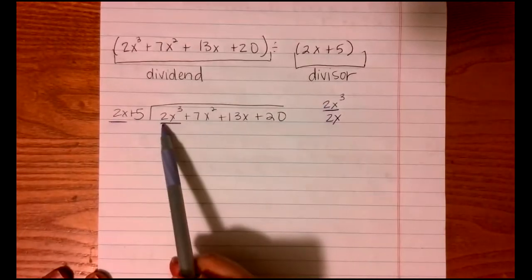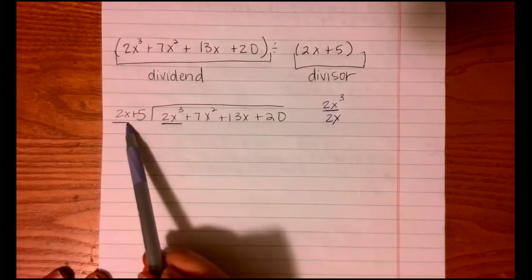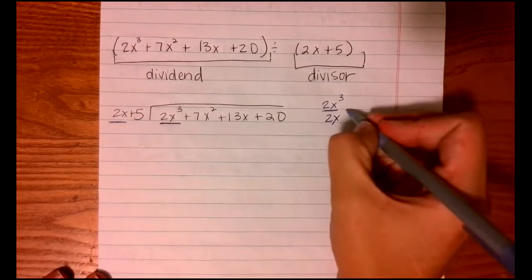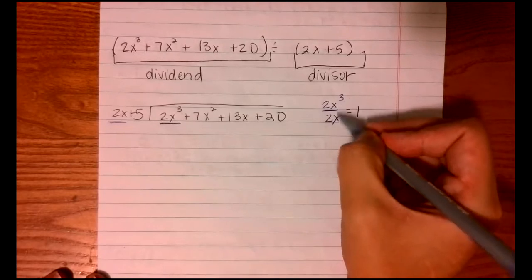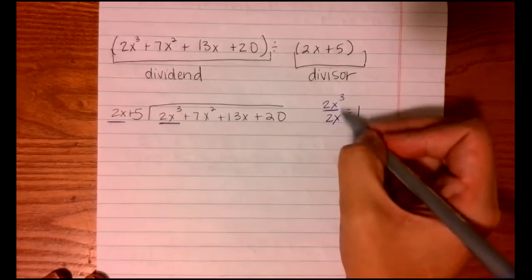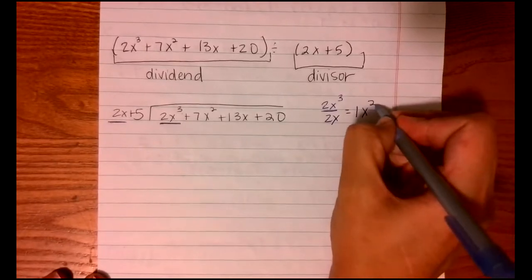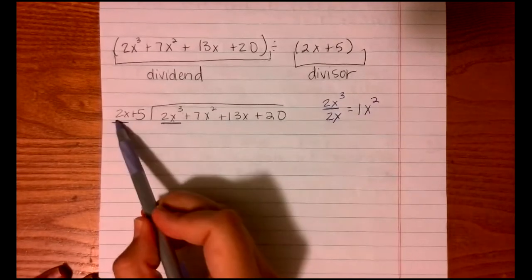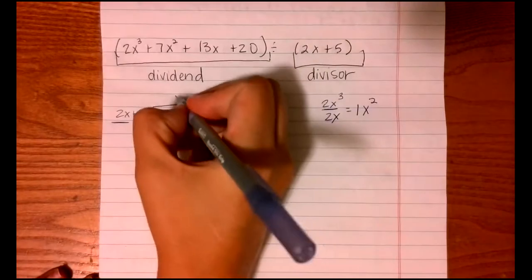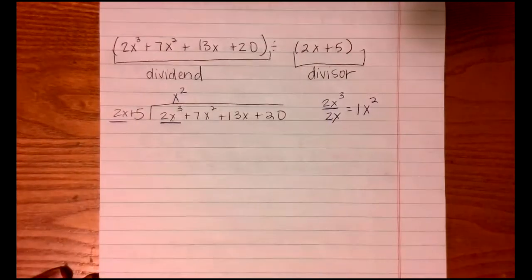So you're dividing 2x cubed by 2x. 2 divided by 2 is 1. X cubed divided by x, you just subtract the exponents, so you get x squared. So you put x squared up in the quotient or the answer.